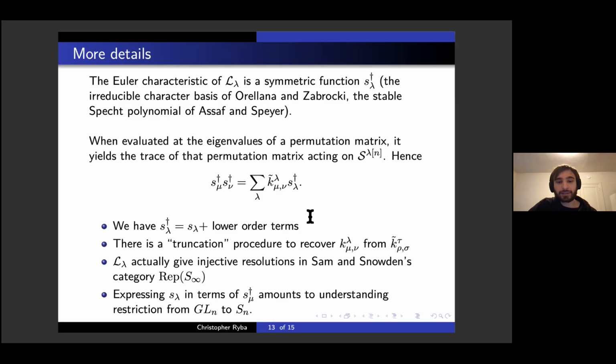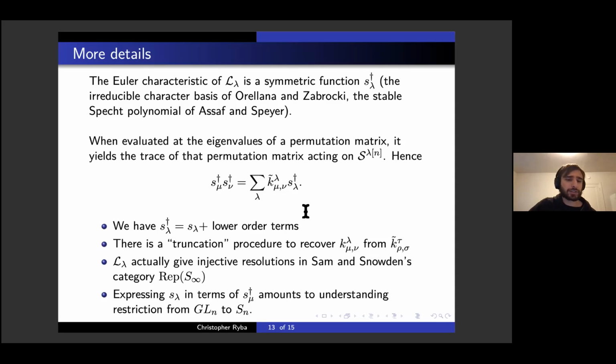One conceptually nice property of it is that there's this truncation procedure to recover the honest Kronecker coefficients from the reduced ones. So there's a way to pass back from the stable setting to the sort of finite one, which perhaps you might care more about depending on your point of view.